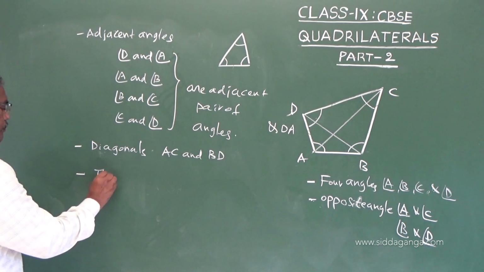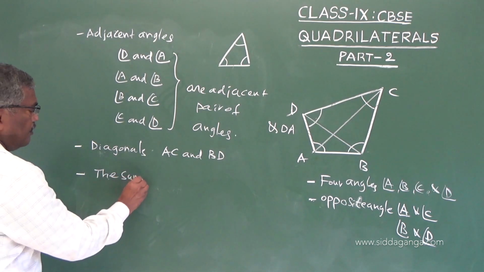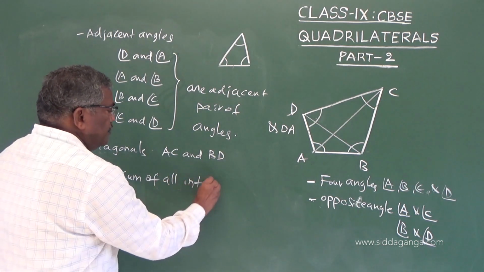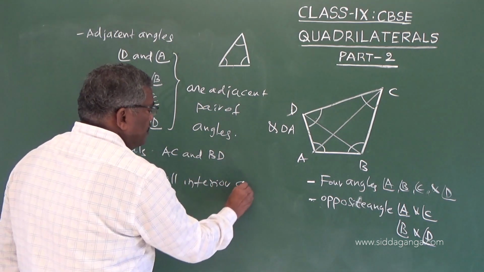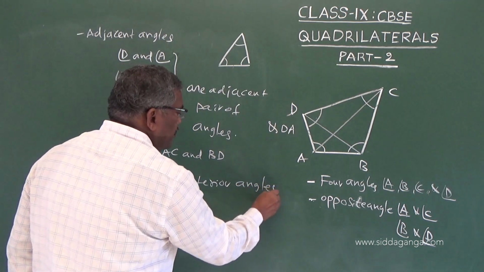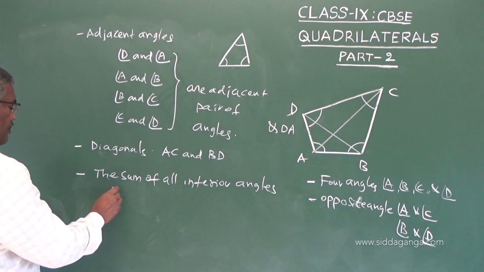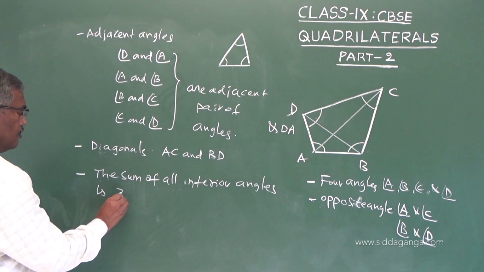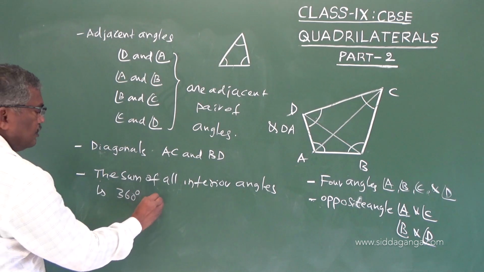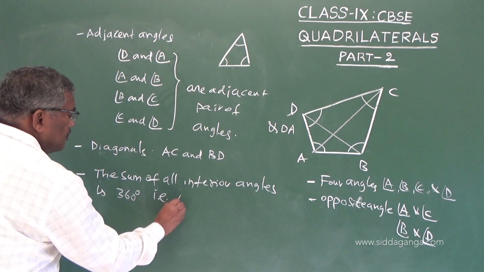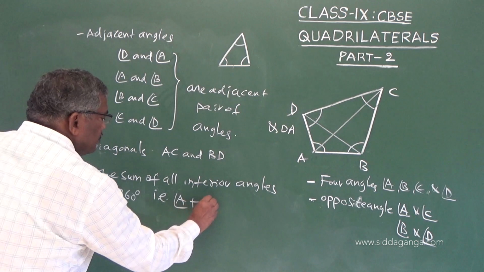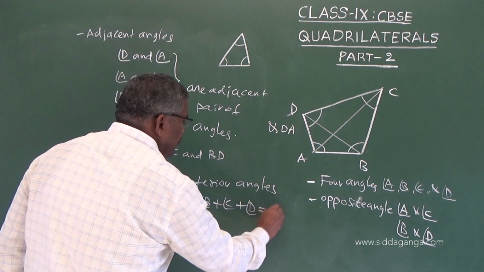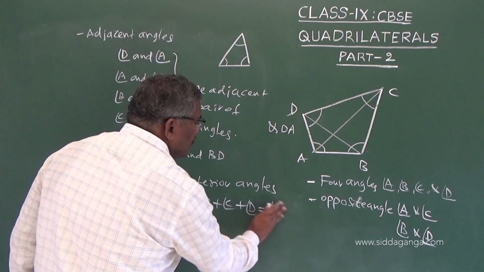The sum of all interior angles is 360 degree. That is angle A plus B plus C plus D will be 360 degree.